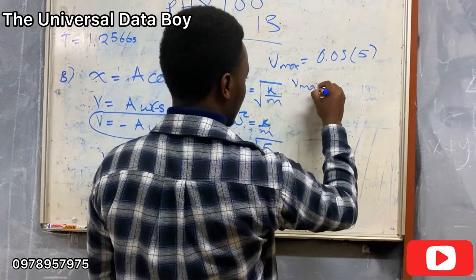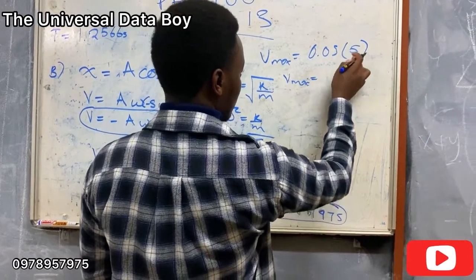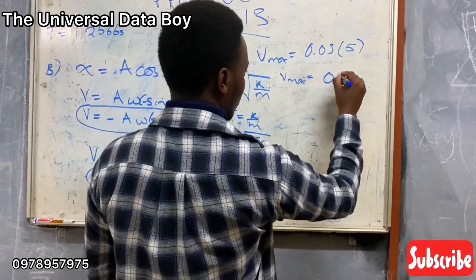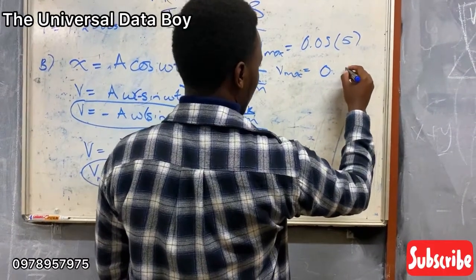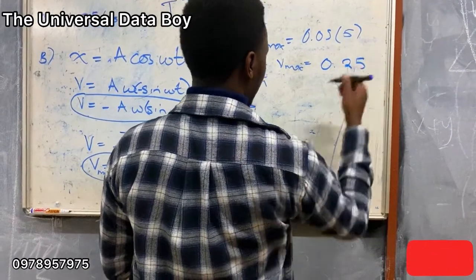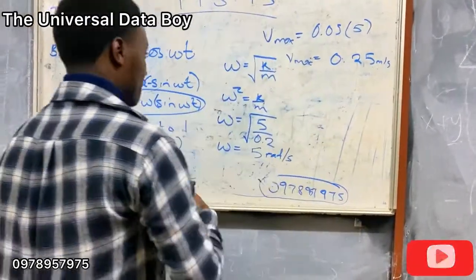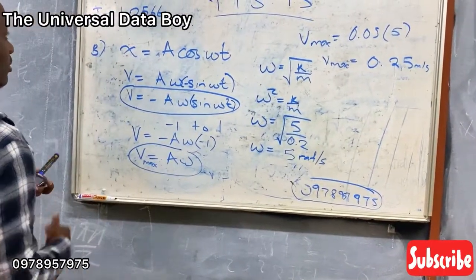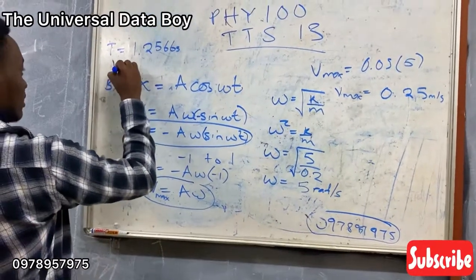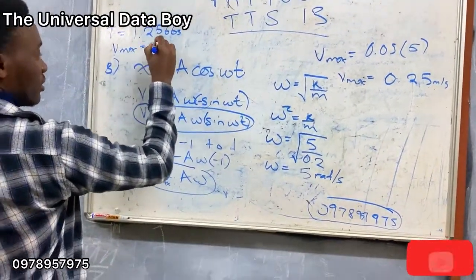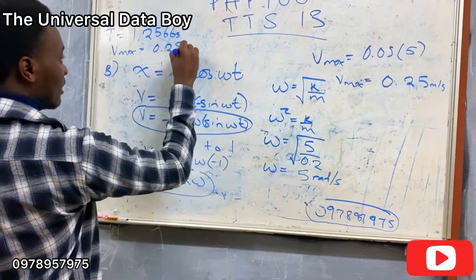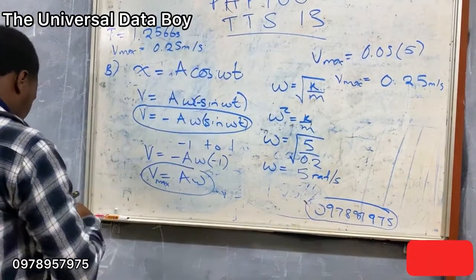So our V max is going to give us this one times that one. It's 0.25 meters per second. So now we have our V max, which is equal to 0.25 meters per second.